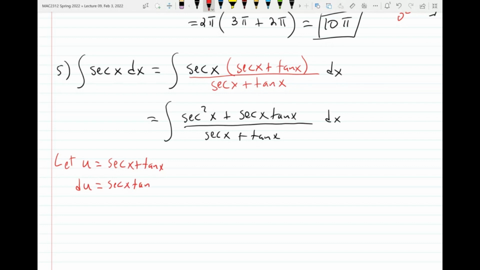And what's the derivative of tangent? Secant squared. Good. So now take a peek at the numerator. What do we have in the numerator? That's exactly the derivative, right?